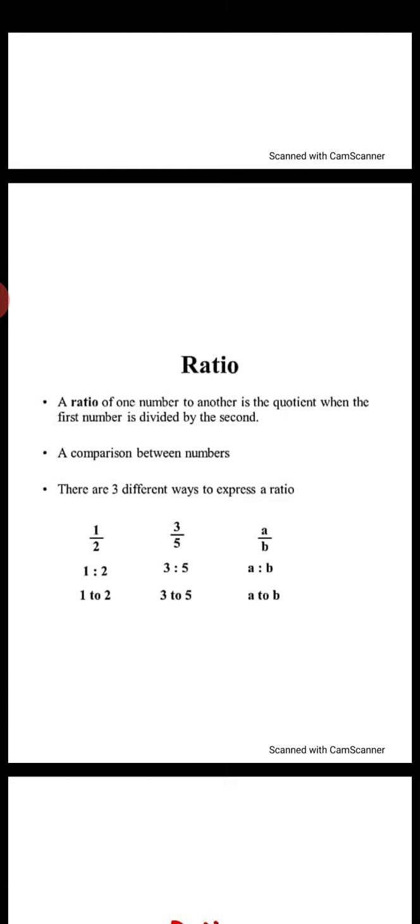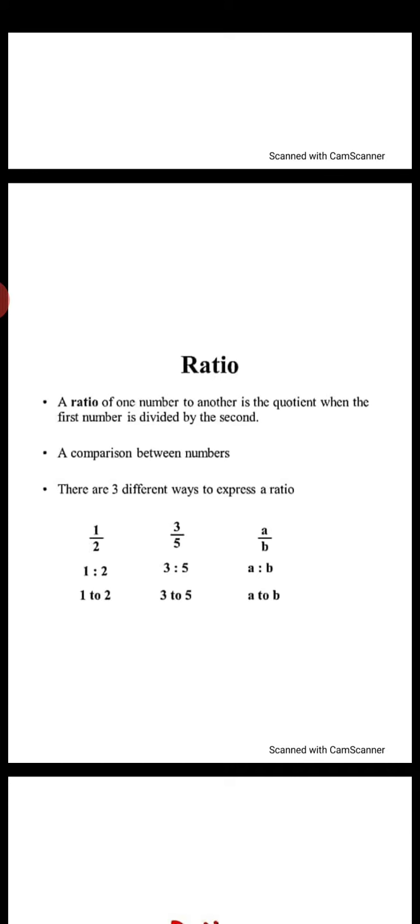In the case of a ratio, a ratio of one number to another is the quotient, which means its answer when the first number is divided by the second. We can also say it is a comparison between two numbers. Mainly there are three different ways to express a ratio.